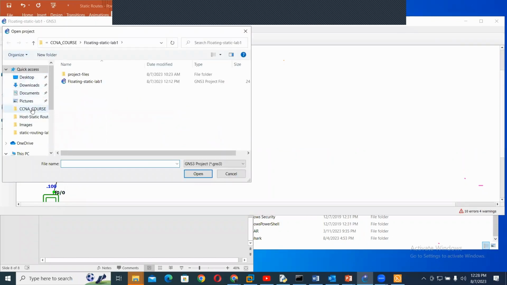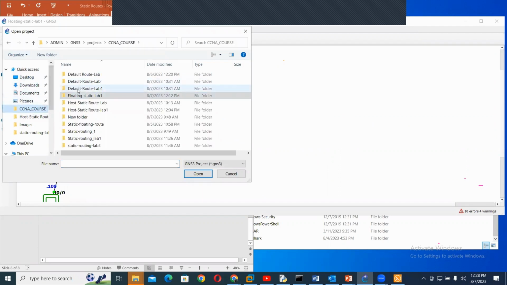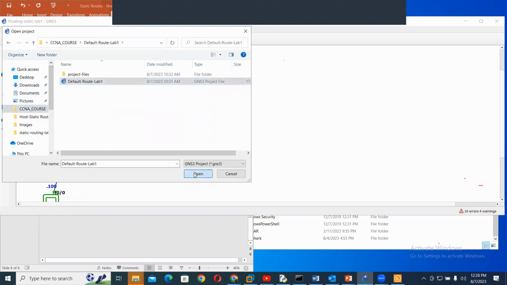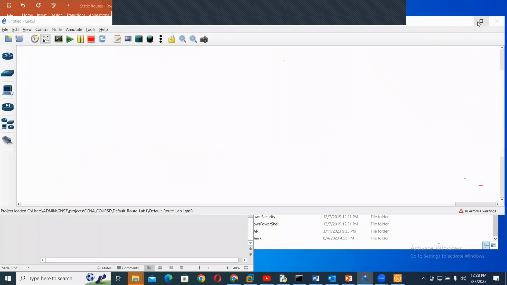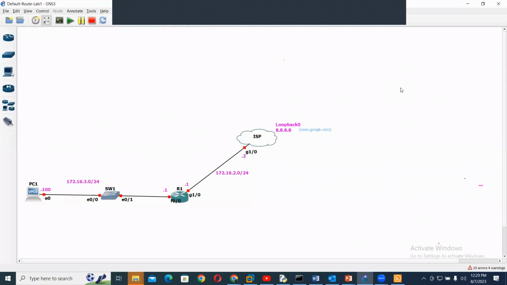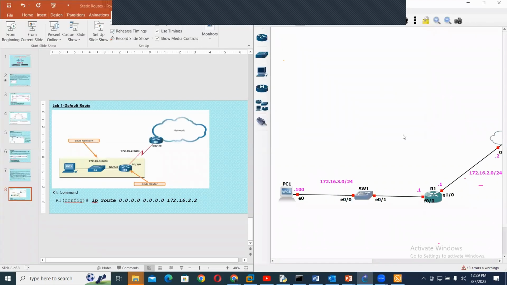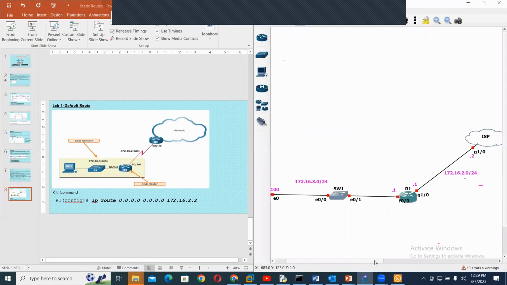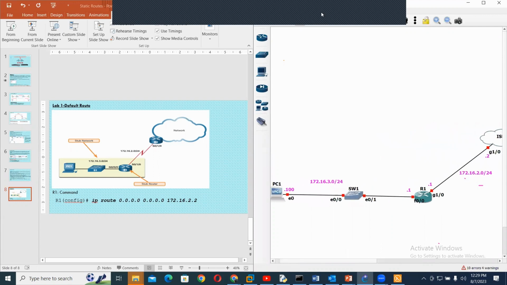So let's open our lab, default route. Okay, now we have this network. Let's start our devices.